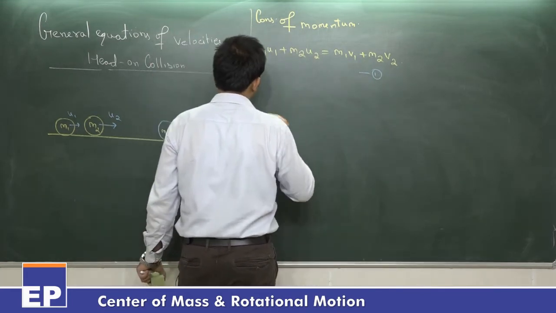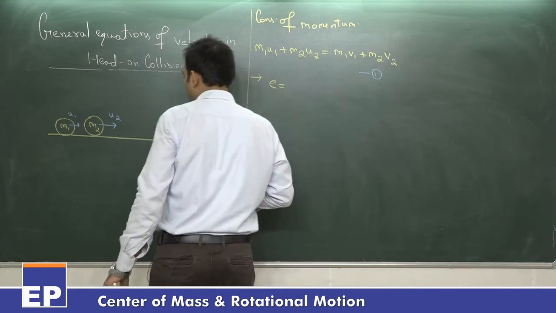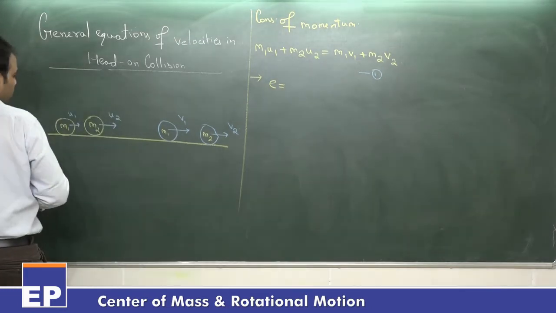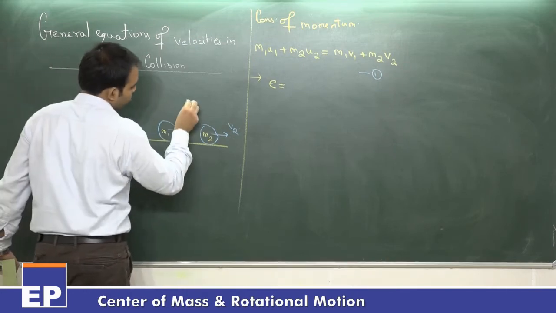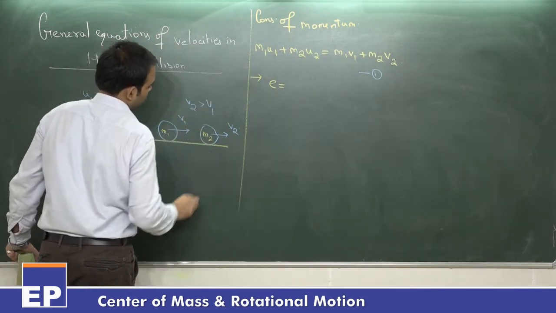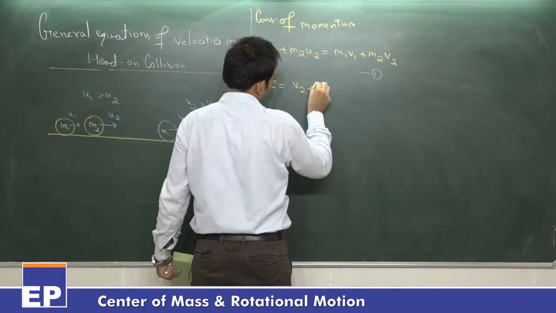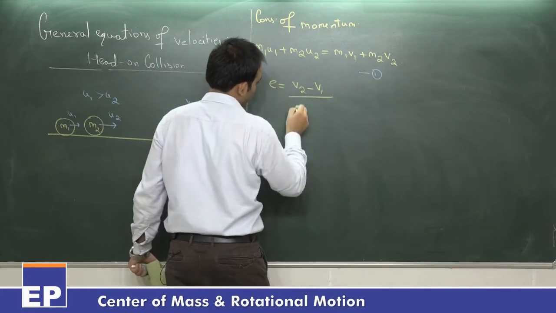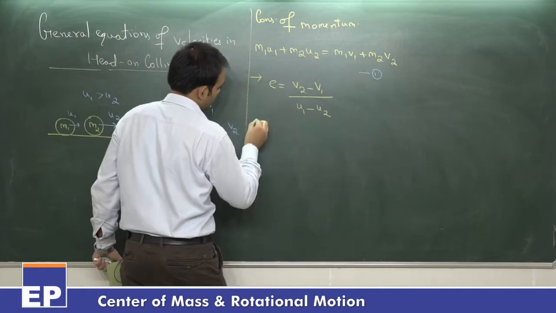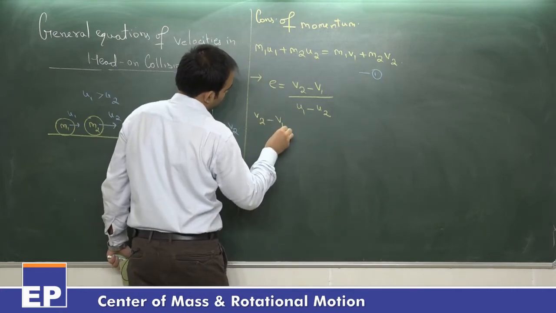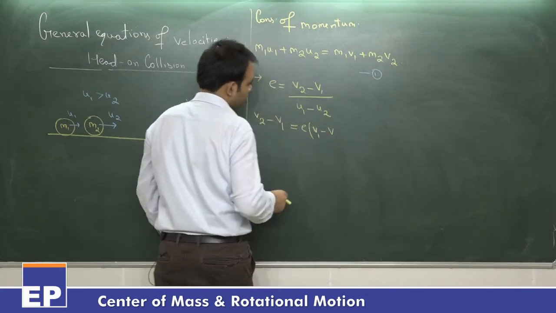And second, you can write by coefficient of restitution. What is E? Of course, if the collision is happening, then this condition is necessary, and here V2 should be greater than V1. Now what is E? E is velocity of separation divided by velocity of approach. Means it will give V2 minus V1 equals E times U1 minus U2.